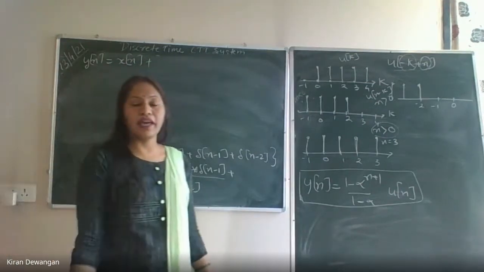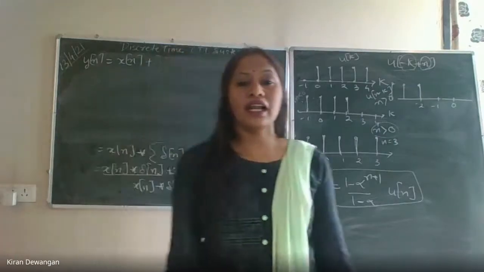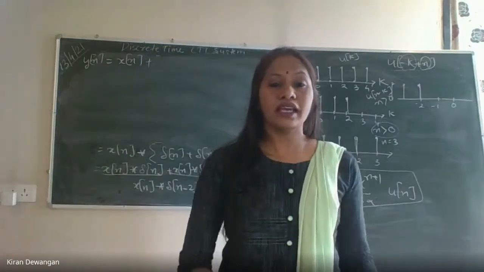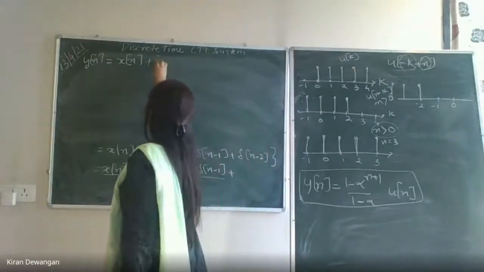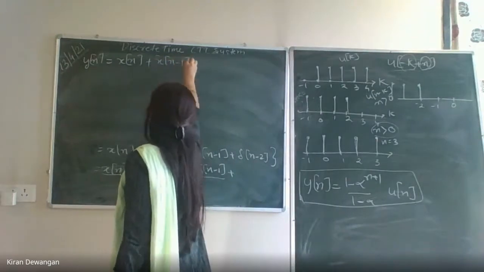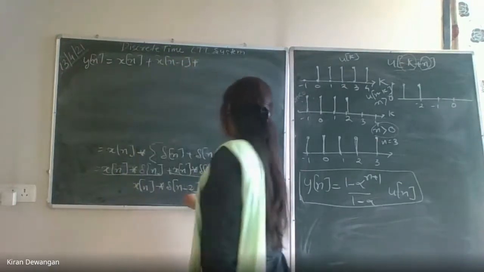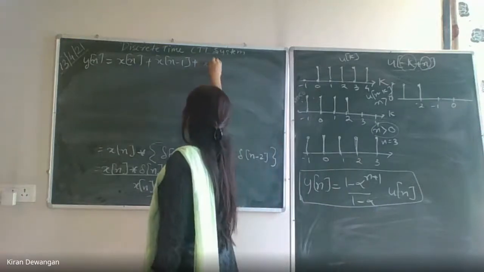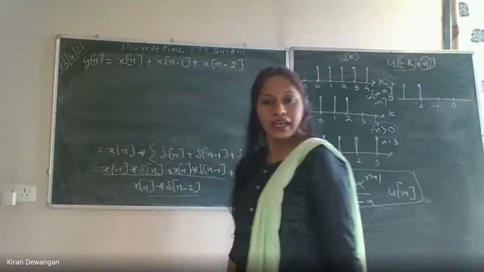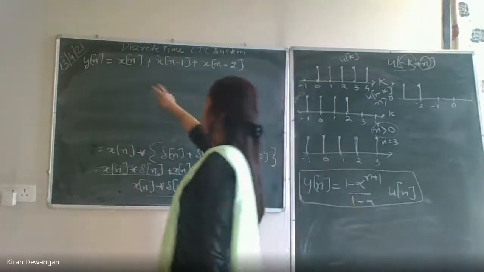X of n convolution del of n minus 1. ये क्या हो जाएगा? ये क्या होगा? It is x of n minus 1. And this one, the last one, x of n convolution del n minus 2, it will be x of n minus 2. ठीक है? So this was our y of n.